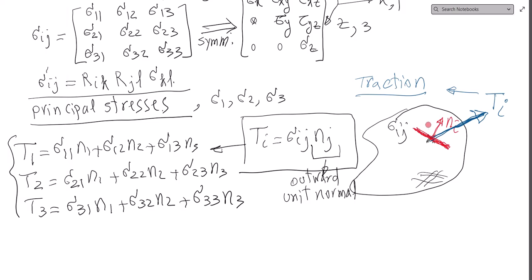It could be any orientation, right? It could be any orientation. And depending on Ni, I will not crowd the picture here, but depending on any orientation, you will get an Ni associated with that orientation, which is the outward unit normal.